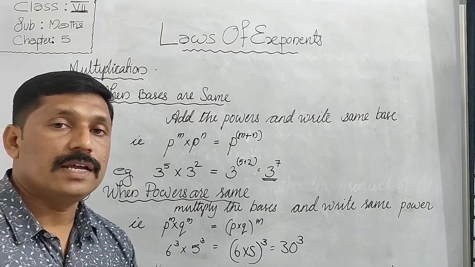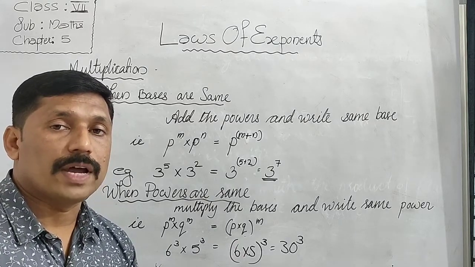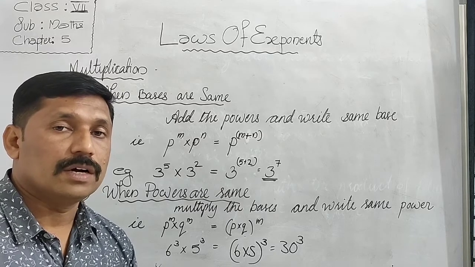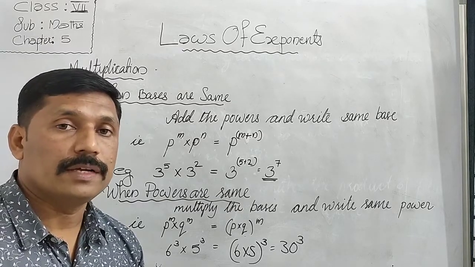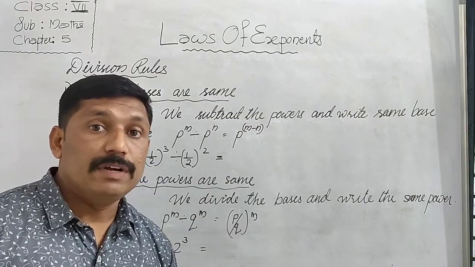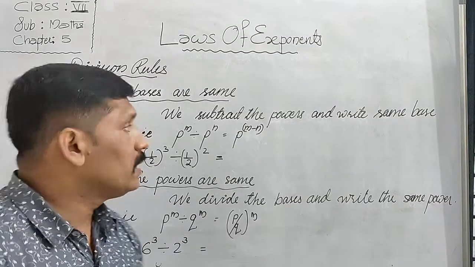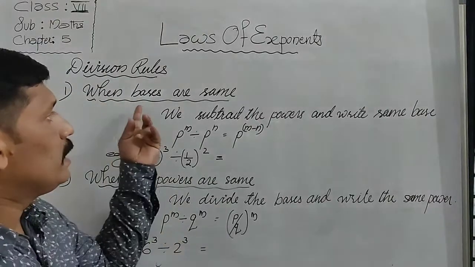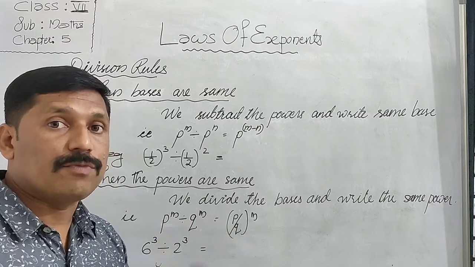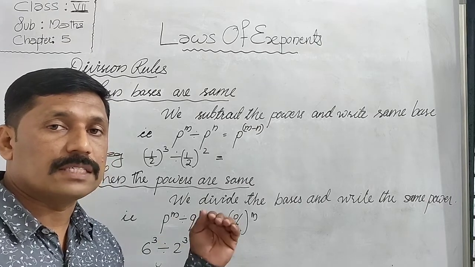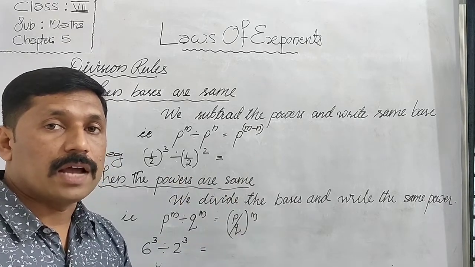Now we study the division rules for exponents. When we divide exponents, what rule or law do we have to follow? Look at this. The first condition is when the bases are the same and powers are different. In multiplication, when the bases are the same, we add the powers and write the same base.